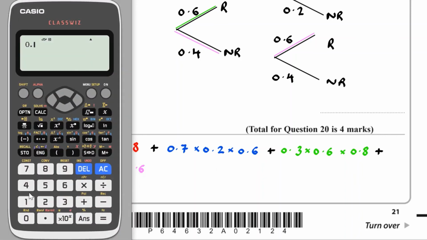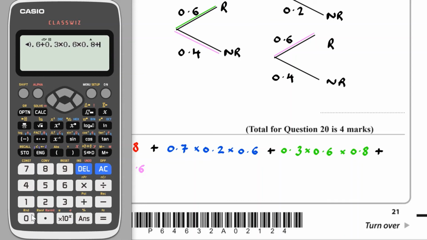So I've got 0.7 times 0.8 times 0.8. So that's the first combination. Then I've got 0.7 times 0.2 times 0.6. I've got 0.3 times 0.6 times 0.8.